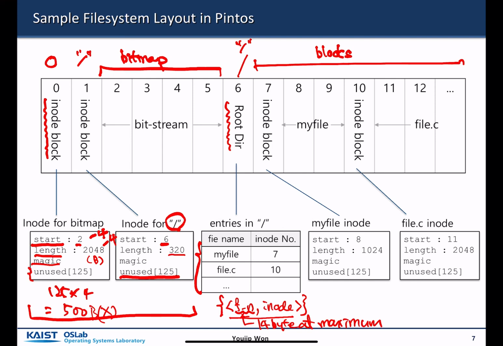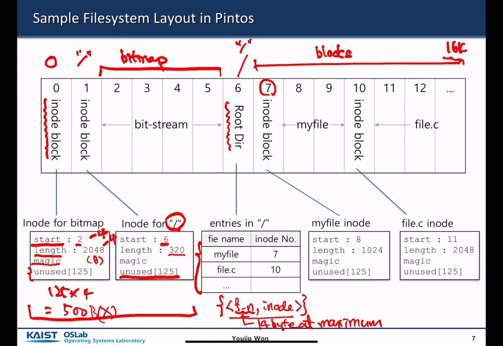Okay, so from block number 7, there come data blocks. Data blocks mean you can use the blocks from block number 7 to 16,000 as an inode or as a data block that belongs to an inode.